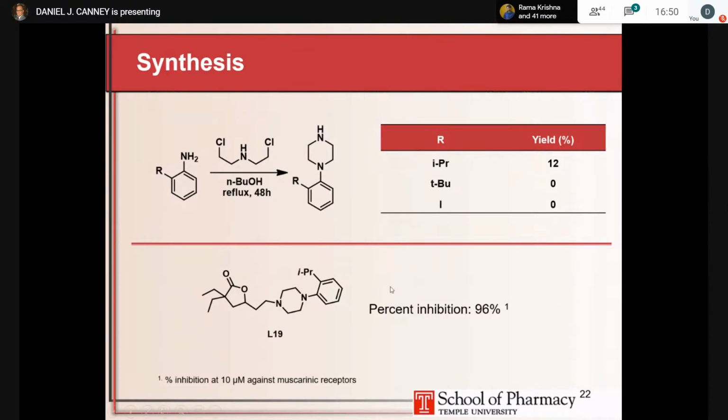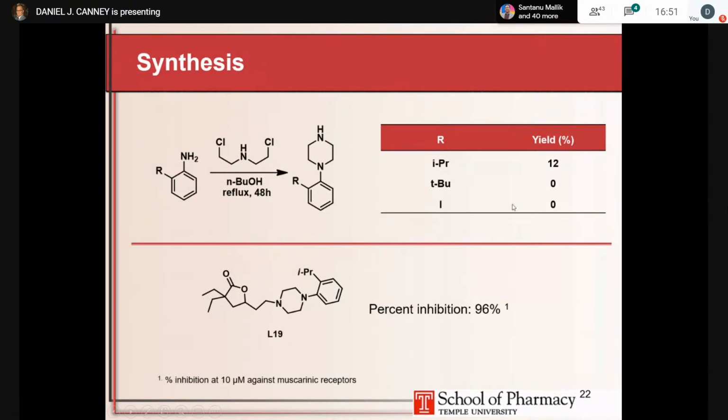And I should also mention that we were obtaining this preliminary data at CEREP, which is a CRO that we had to pay for this data. So it was actually fairly costly, just this percent inhibition data. So we had that restriction as we moved forward with the project.